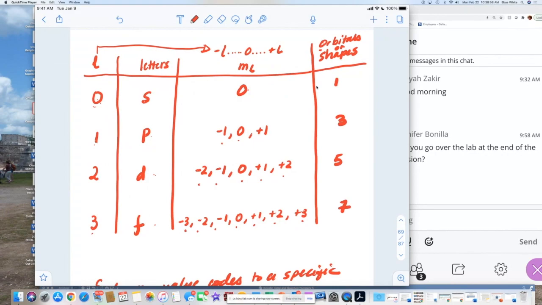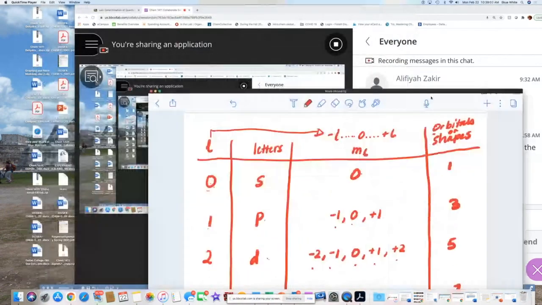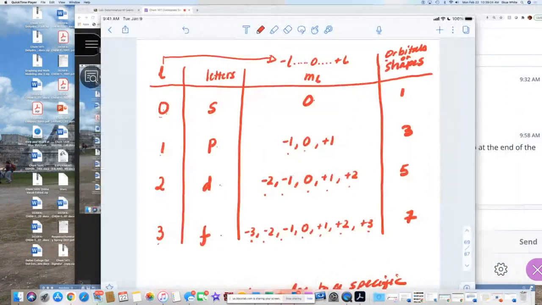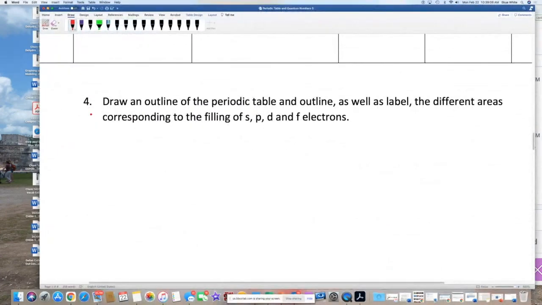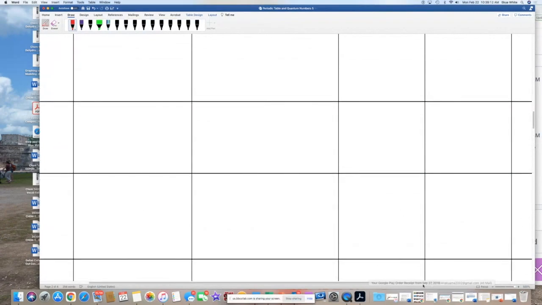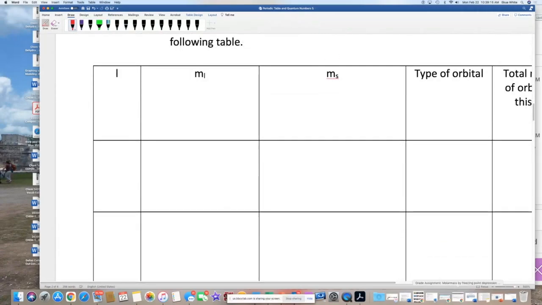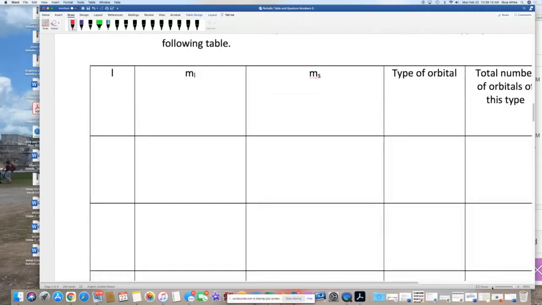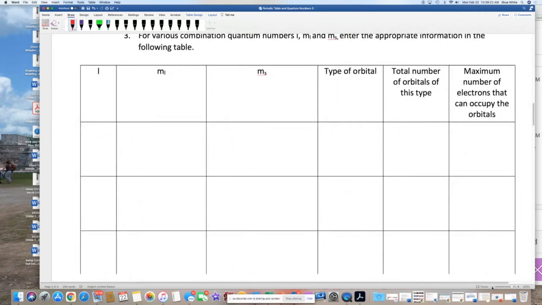So let's go ahead and detour from this page to your lab book or your lab handout, wherever it is. Okay, so I skipped over to number 4 because what I'm going to be doing next is number 3. So I'm going to go back to number 3. I'm not working everything out. I'm just trying to help you guys out with this one here, and relating your lecture to your lab work.